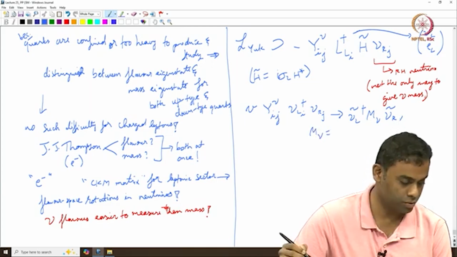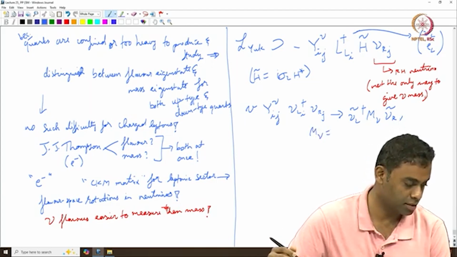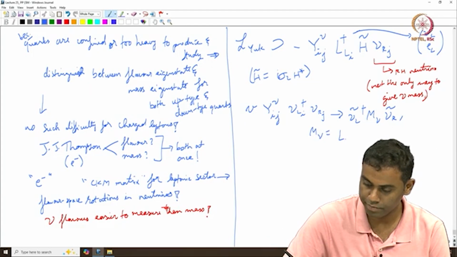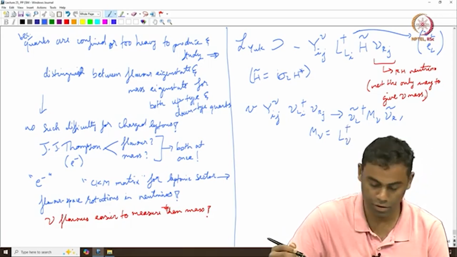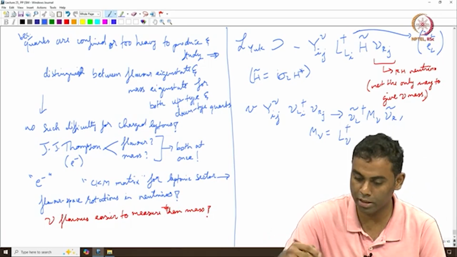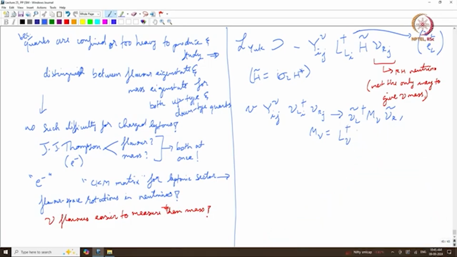So M nu is something that I obtained from L nu dagger, which was something that rotated the left handed neutrinos, Y nu, of course, to get the dimensions right, let me divide this by v, and R nu, something that rotated the right handed ones.